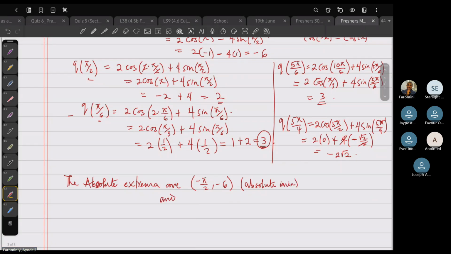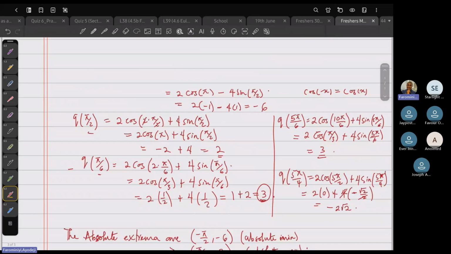And pi over 6 comma 3. This is the absolute max. That's our answer. So let me go over it again quickly.